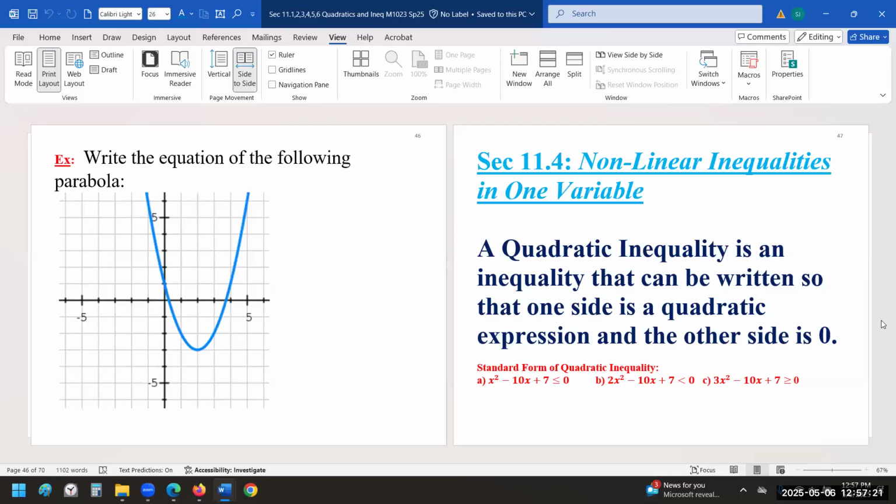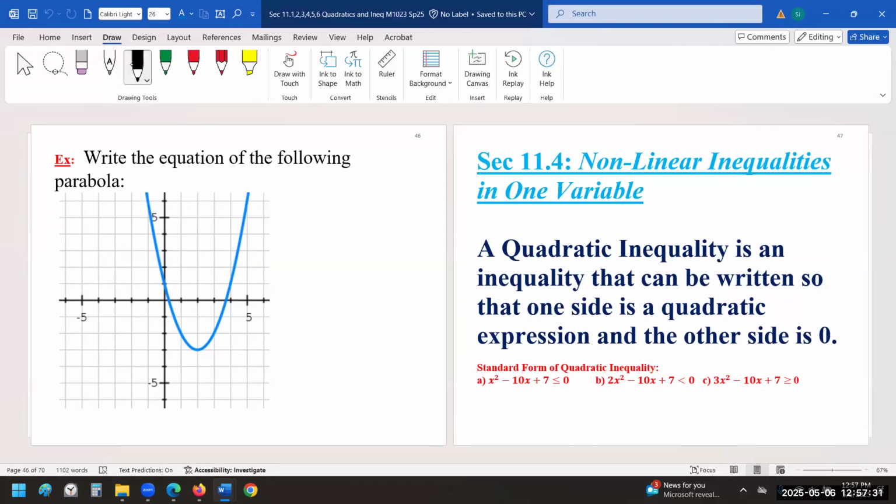So to find the equation, we start with the vertex form, which is y equals a(x minus h) squared plus k. Here, h and k is the vertex, a is the leading coefficient.